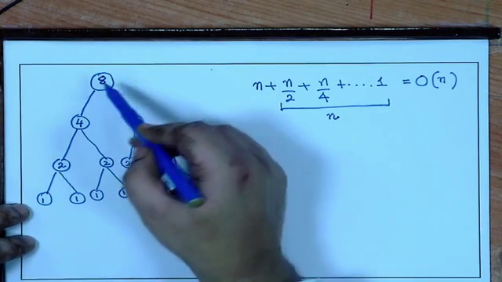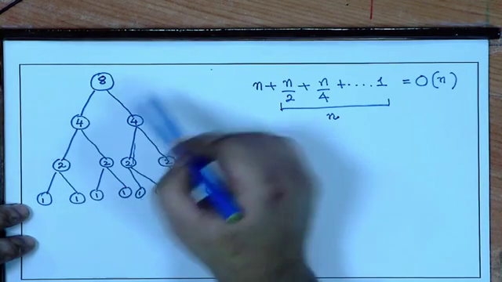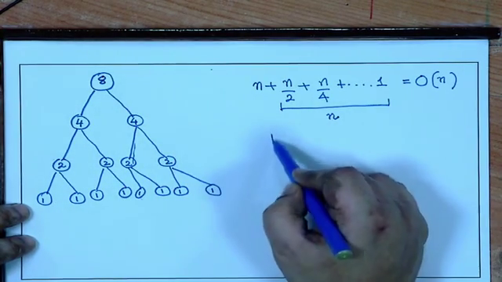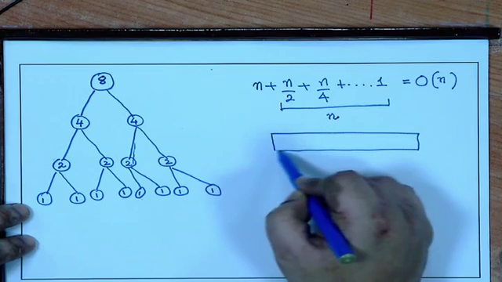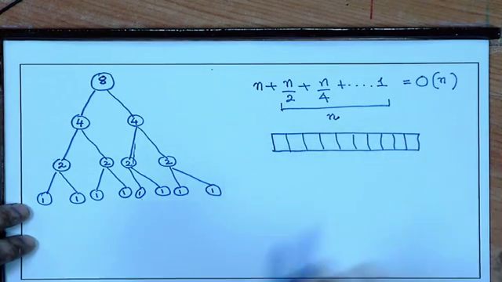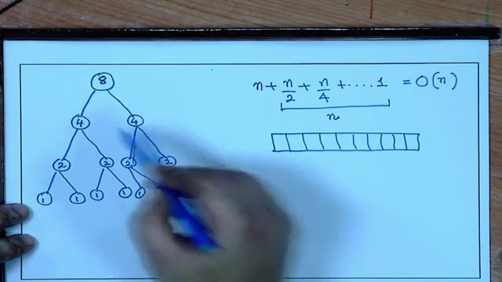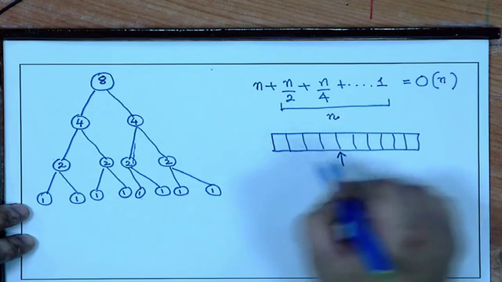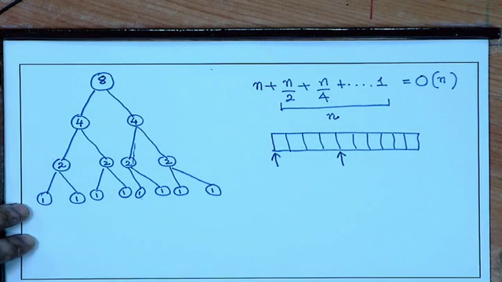Then people will say, okay, I will not do it this way, I will maintain a global array A, and I will not use any additional array to do any other work. So, global array A, when I split in the middle, I just pass the array indices, which is fine.